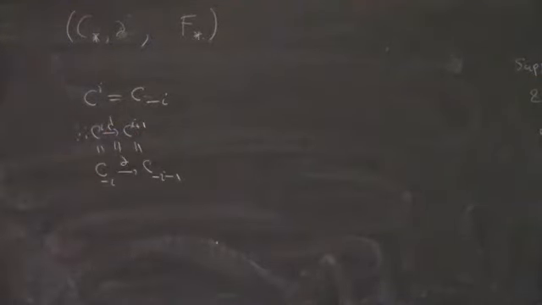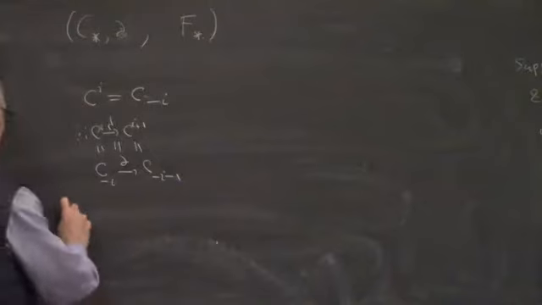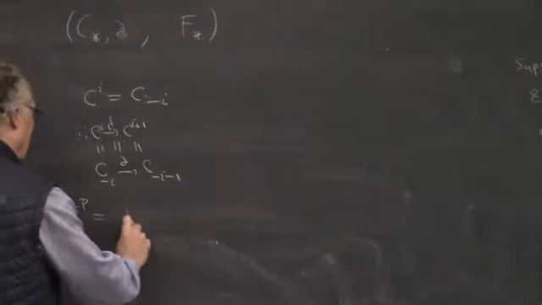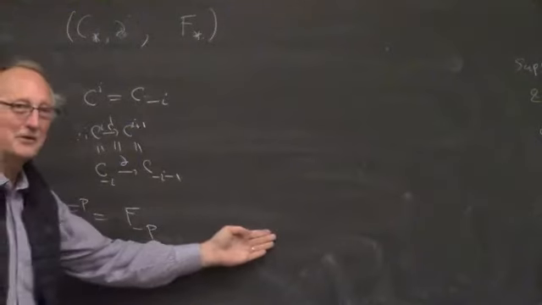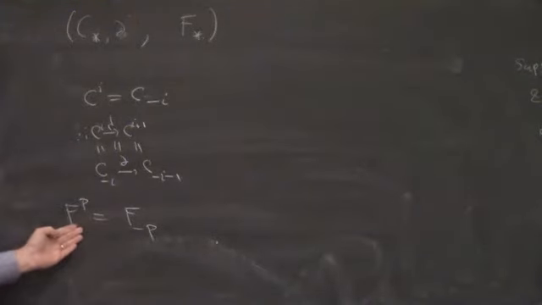So cochain complexes and chain complexes are all the same. It's just a question of flipping the index over: you turn a chain complex into a cochain complex and vice versa. Do exactly the same thing with the filtration. You define F^p to be F_{-p}. If this one is increasing, this one will be decreasing.